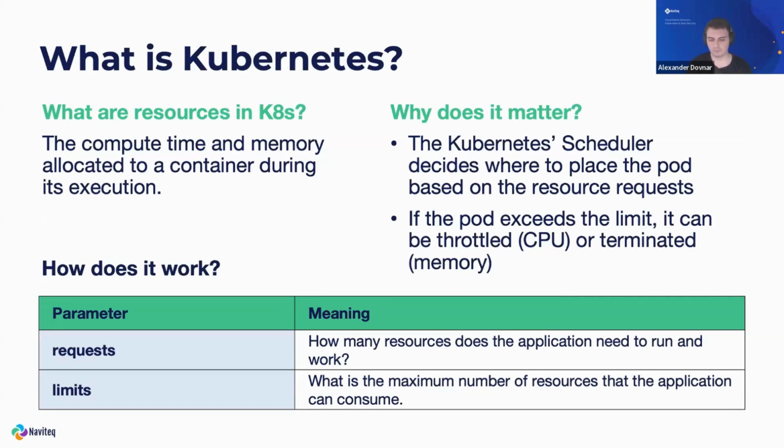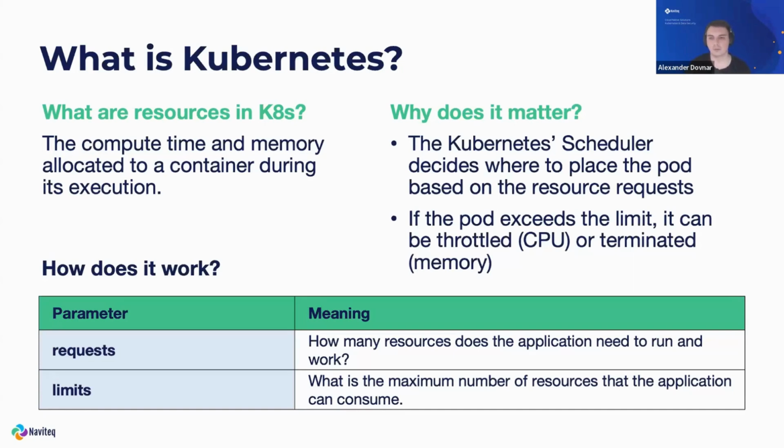You can explain them in two words: requests and limits. Those settings define how much CPU, memory, or other resource one container needs and can consume. So request is the exact need, limit is the maximum consumption threshold which you set.